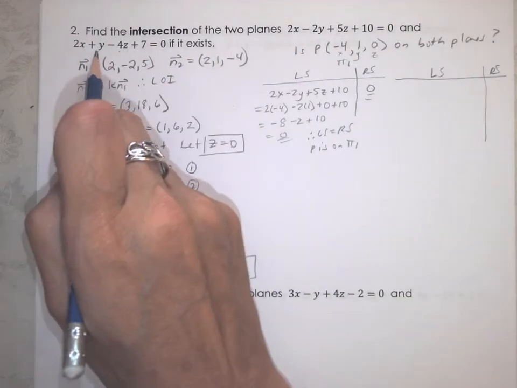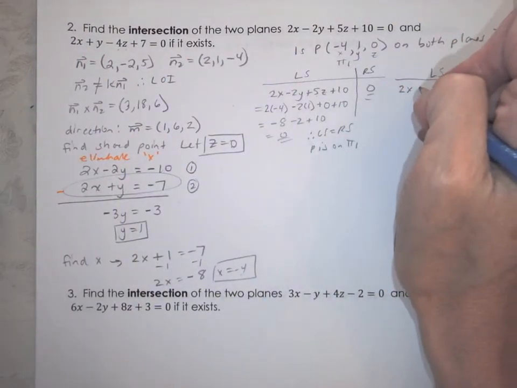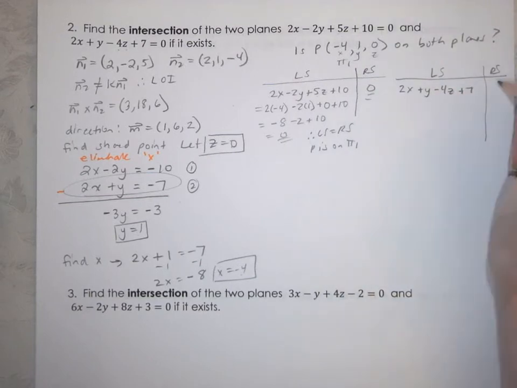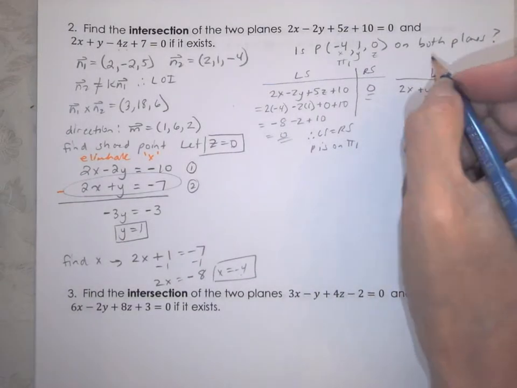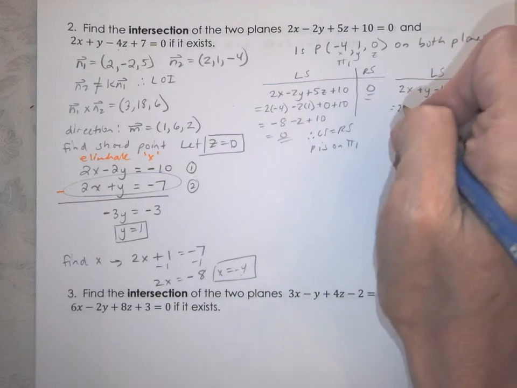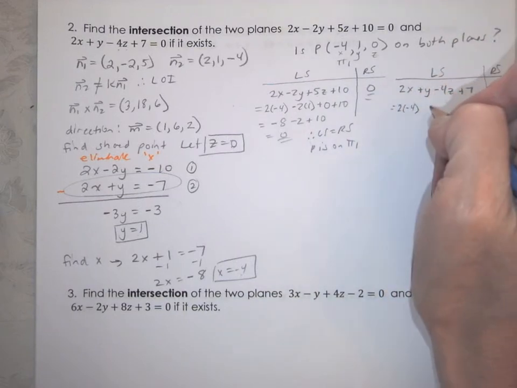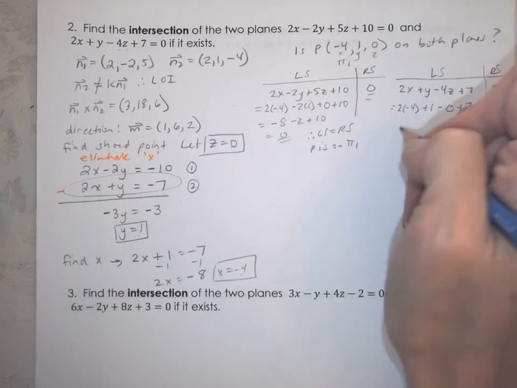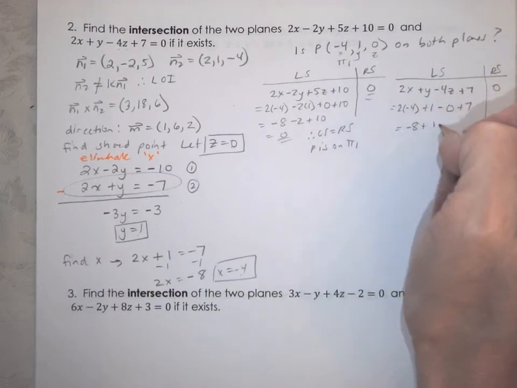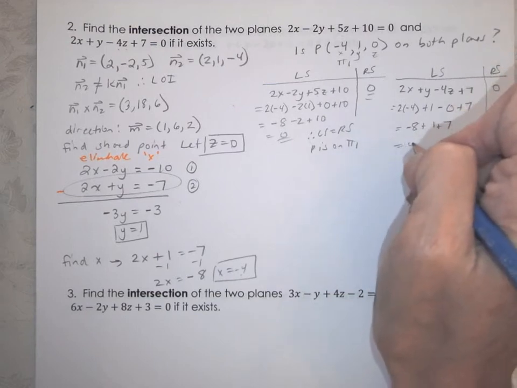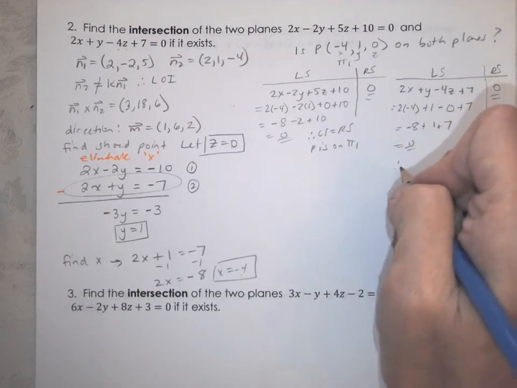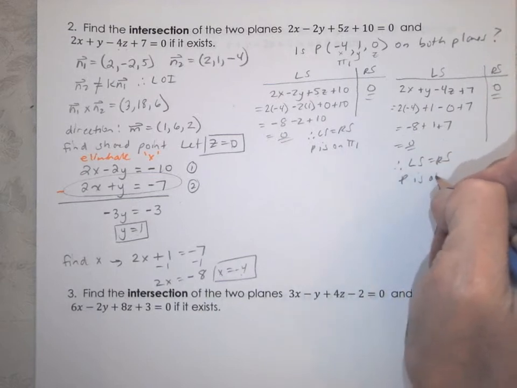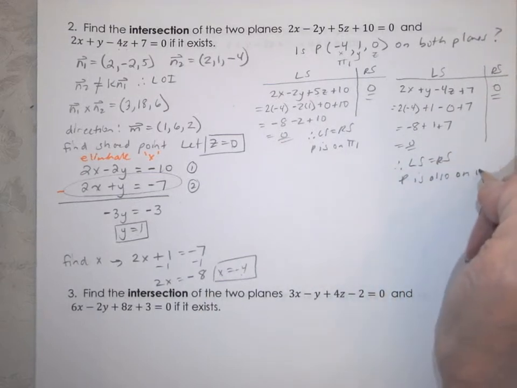The left side of the second plane is 2x plus y minus 4z plus 7, and the right side is 0. So it's going to be 2 times -4 plus 1 minus 0 plus 7, which gives me 0 again. So since the left side equals the right side, P is also on pi 2.